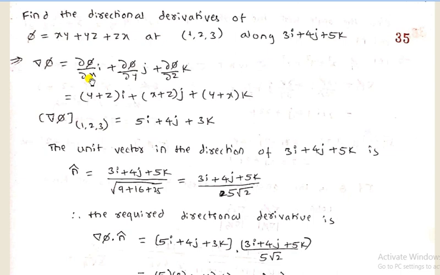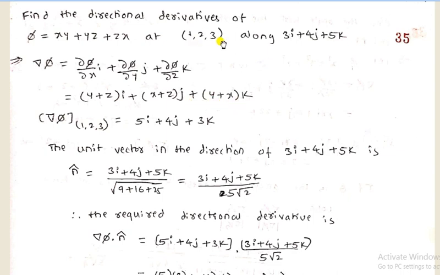So here also dou phi by dou x into i, dou phi by dou y into j, dou phi by dou z into k. So differentiate the phi function with respect to x partially, with respect to y and with respect to z partially. So you'll get (y plus z) into i plus (x plus z) into j plus (y plus x) into k.